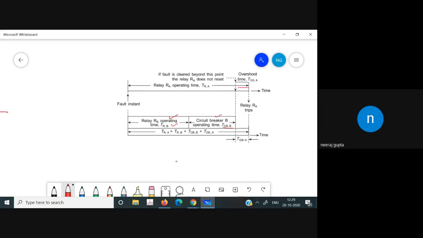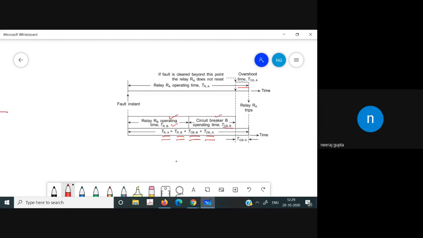So the operating time of RA should be greater than the operating time of B plus the operating time of the circuit breaker and the overshoot time. So this is the rule that is to be followed. The overshoot is due to the primary relay, so there is proper coordination between the primary and the backup.